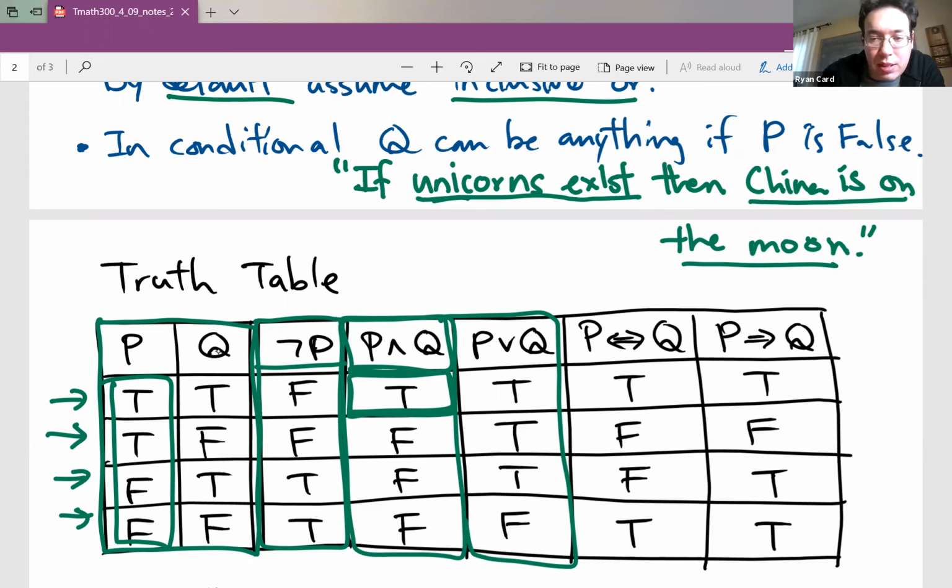With disjunction, this is a little bit more forgiving. It's true as long as there's at least one true statement in P or Q. So as long as one of P or Q has a true in it, then it becomes true. The only way a disjunction is false is if both of them happen to be false.